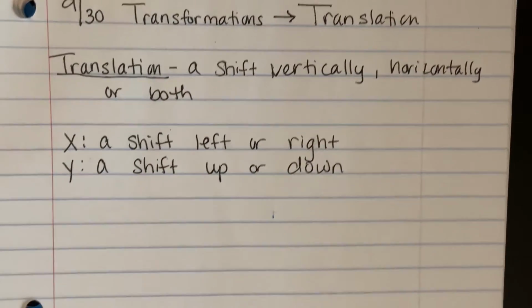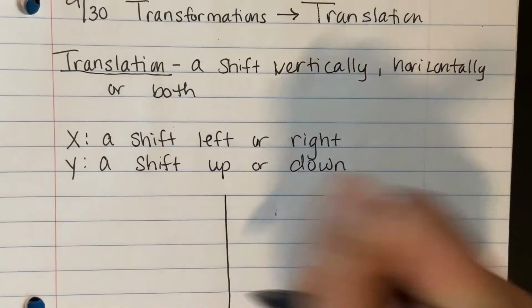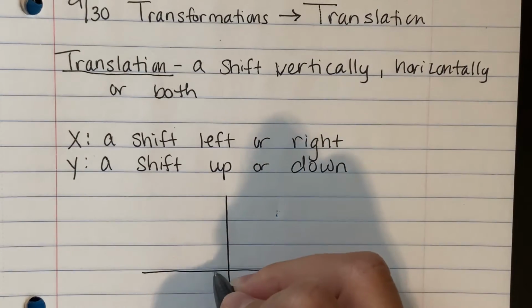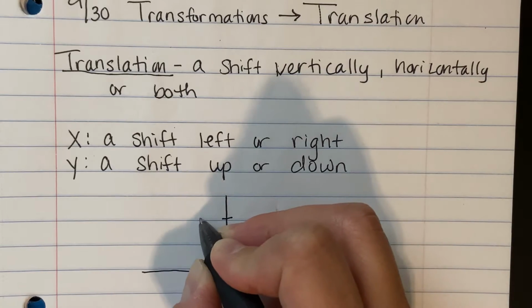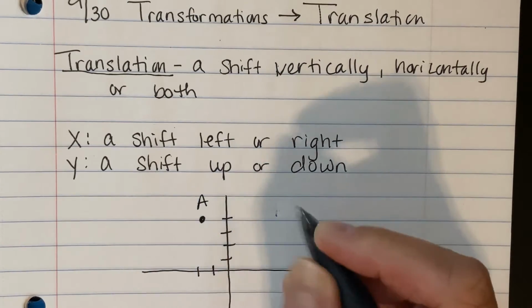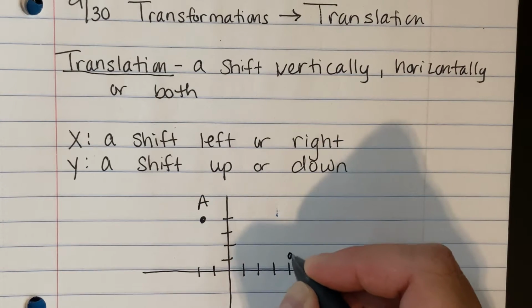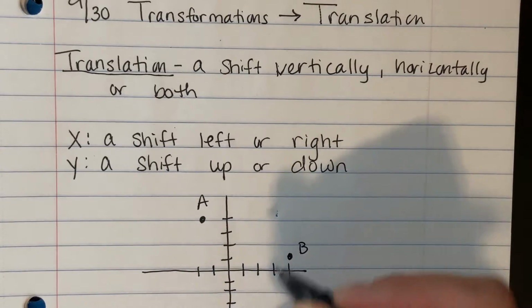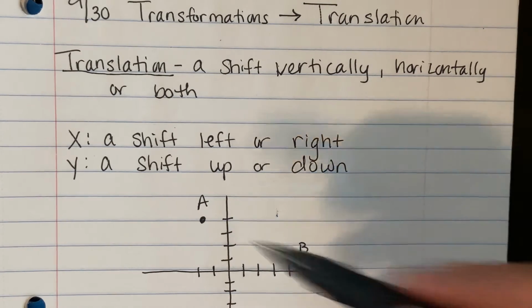What we're gonna do right now is draw a graph, and we're gonna put a bunch of points on it. It's kind of hard to do this, but we'll call this A. We'll call this B. You see how I'm doing the halfway in the notebook is 1, 2, 3, 4.